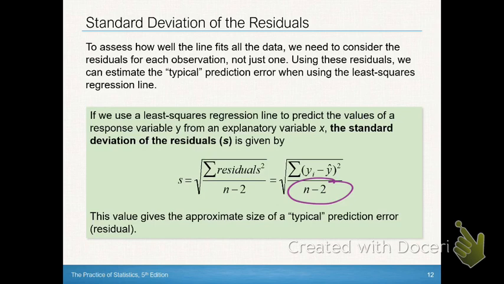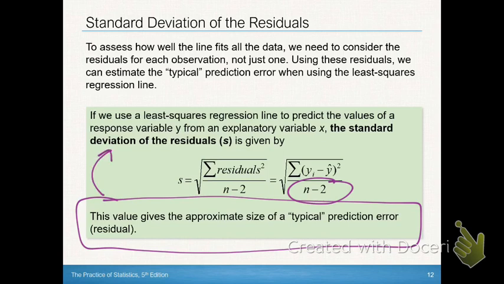And here, when we're looking at a least squares regression line and then the residuals, we divide by n minus 2. Again, that's because there's just even more error when you've got two lists of numbers that you're trying to work with. Again, your calculator will do this for you, so don't worry too much about this formula. But you should know that when you find the standard deviation of the residuals, you would interpret it in much the same way as you would the standard deviation of just a list of numbers.